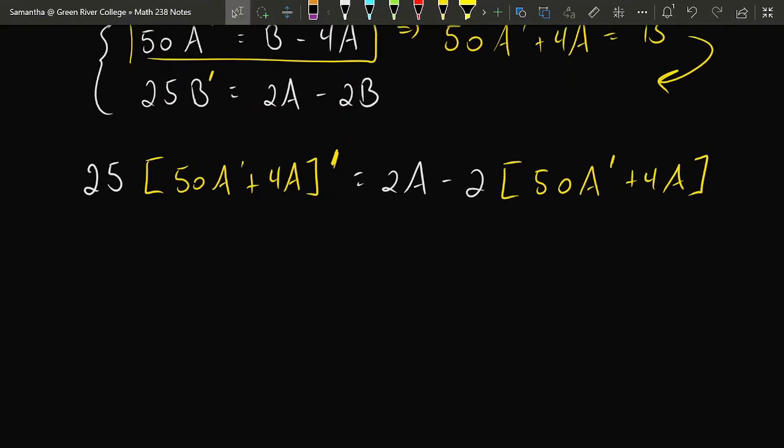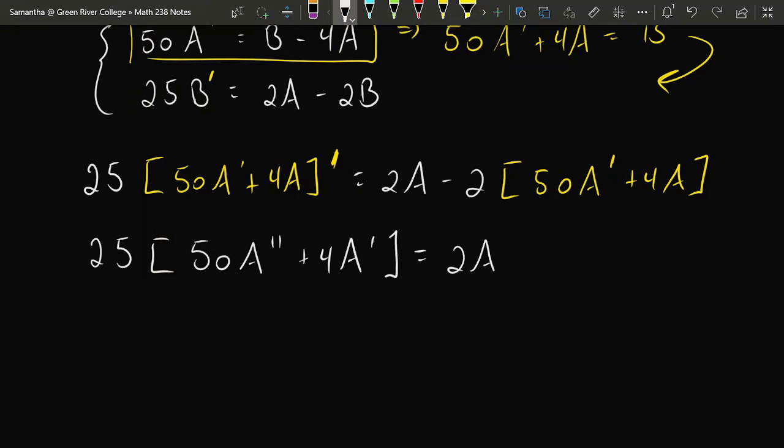Now let me go ahead and simplify that expression. If I apply the sum rule to this first guy in the bracket, that'll be 50 copies of 2 derivatives of a plus 4 copies of 1 derivative. And let me go ahead and distribute.